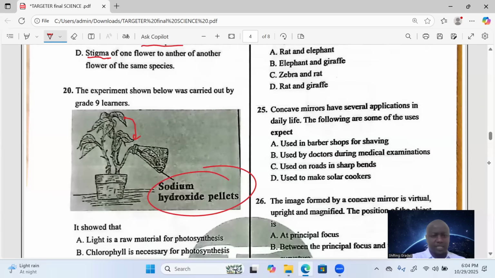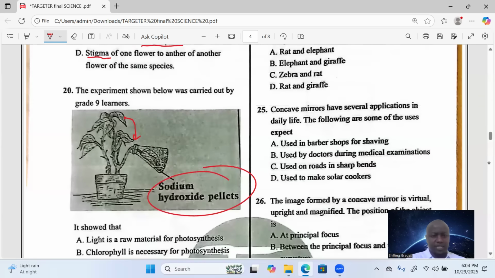Behind the mirror, rays are virtual. So you see where they intersect to form a virtual image, and because it intersects at that point, it shall be upright. Upright, virtual, behind the mirror, all the properties mentioned. So that is the proof.